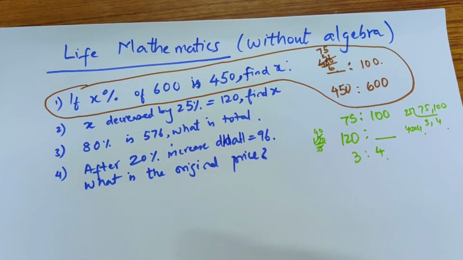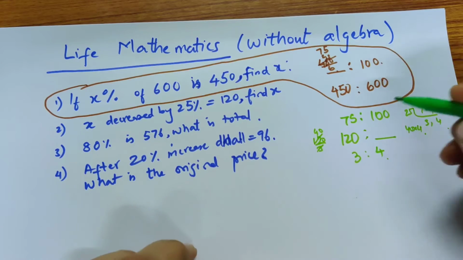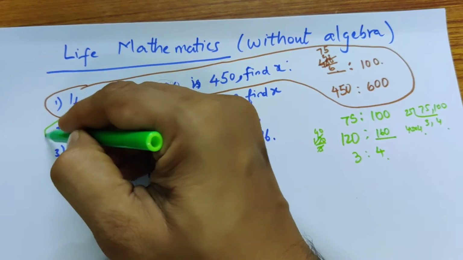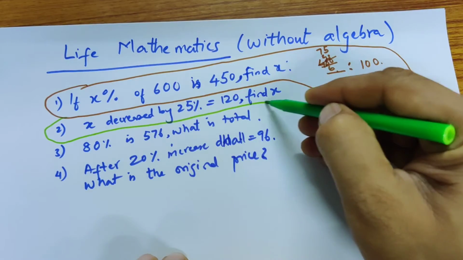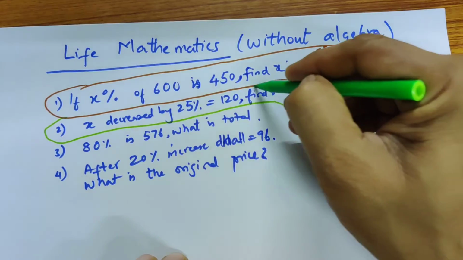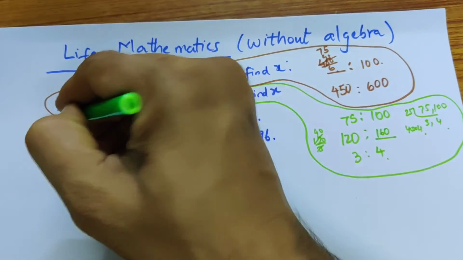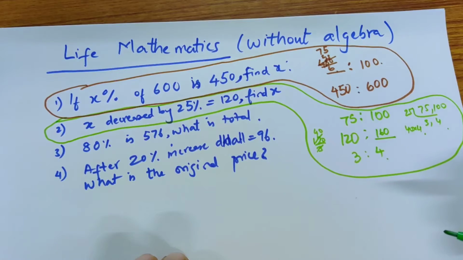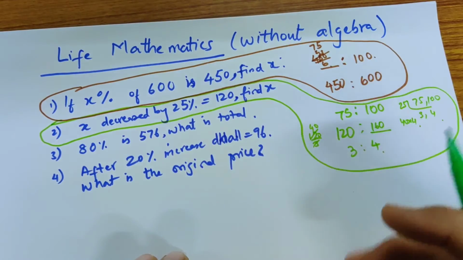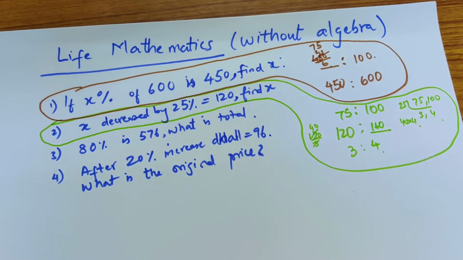In fact, we can even use 2 different colors for ratios if that helps. But anyway, this is 160. So the result is 160. So these are all questions that can be done even by ratio and proportion. We don't need to learn or do algebra here. As long as the ratio and proportion has been done well and the children understand that, left side left, right side right, then it's easy to do.